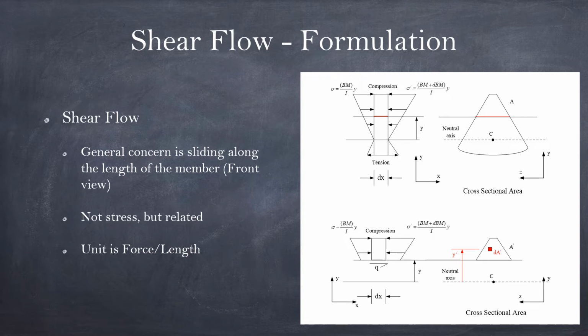Because the shear flow itself is already force per length, what length? It is the length of the beam, along the length of the beam. Therefore, to make it a force, we multiply by the length. It's not the length in the depth of the web, but in fact the length in x. Therefore, we don't need the bottom web this time, but the other things are the same.